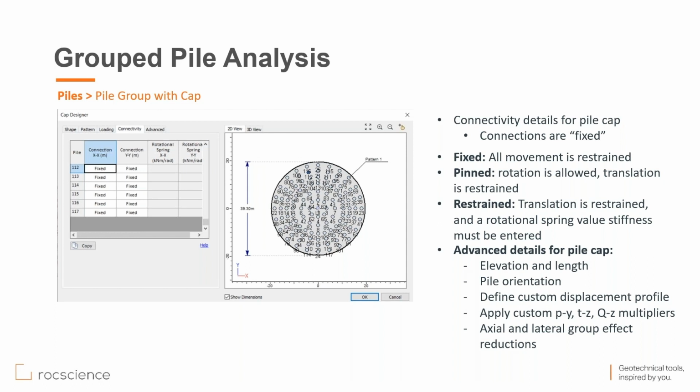You have the option to define a custom displacement profile for those piles and apply custom reaction curve multipliers. And last but not least, you have the option to define axial and lateral group effect reductions, which will avoid any mistakes you may make if you disregard the pile group effects and use only the ultimate capacities calculated.